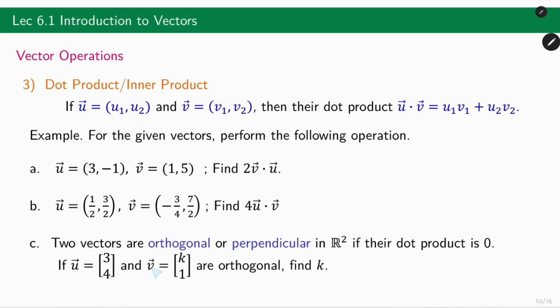That is, u dot v must be 0 for them to be orthogonal. Graphically, they would look like something like this. So these two vectors are orthogonal. Also, when we rotate it like this, these vectors are also orthogonal.